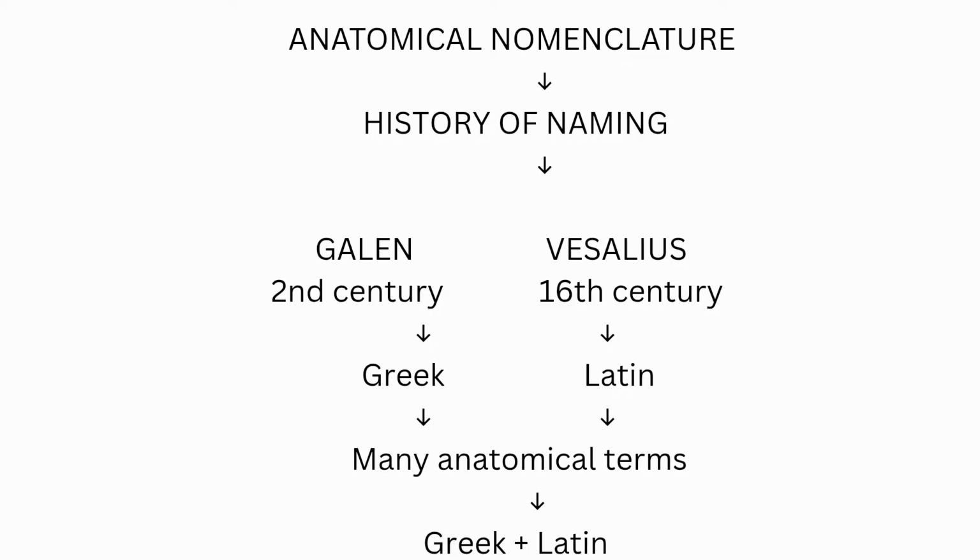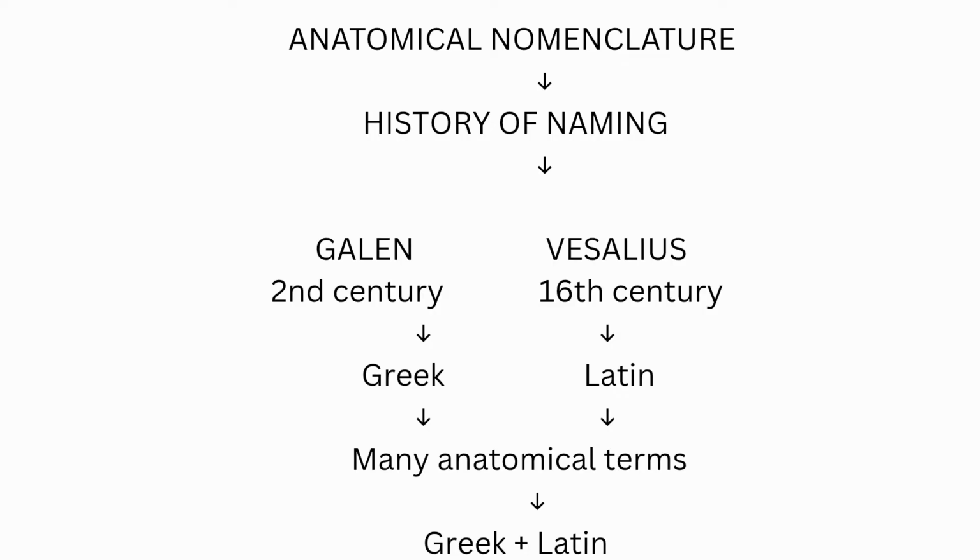First, let's understand why so many anatomical terms are based on Greek and Latin. An important physician and anatomist named Galen, who lived in the 2nd century, wrote his works in Greek. Later, during the 16th century, Andreas Vesalius, one of the most important figures in modern anatomy, wrote his famous anatomical work in Latin.